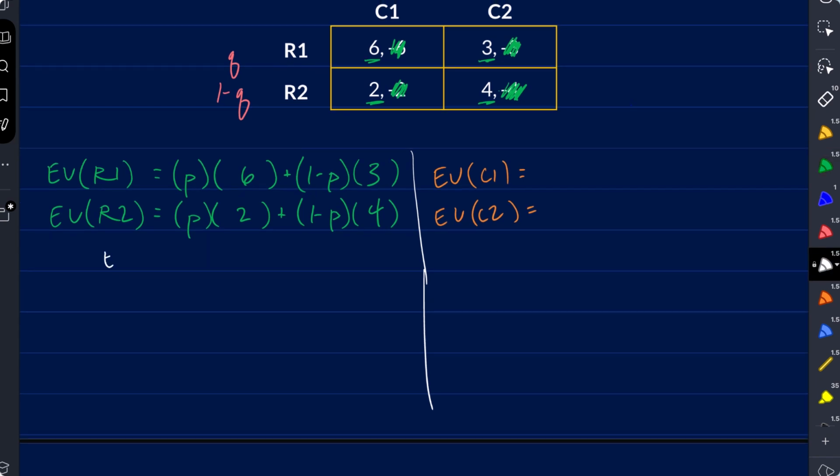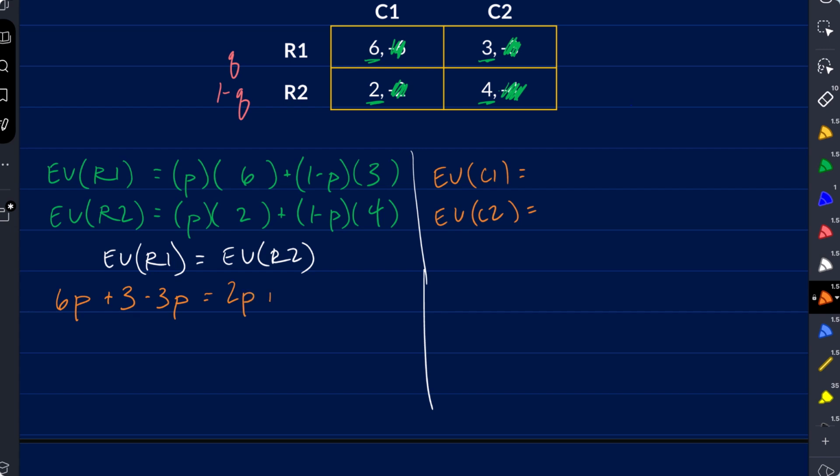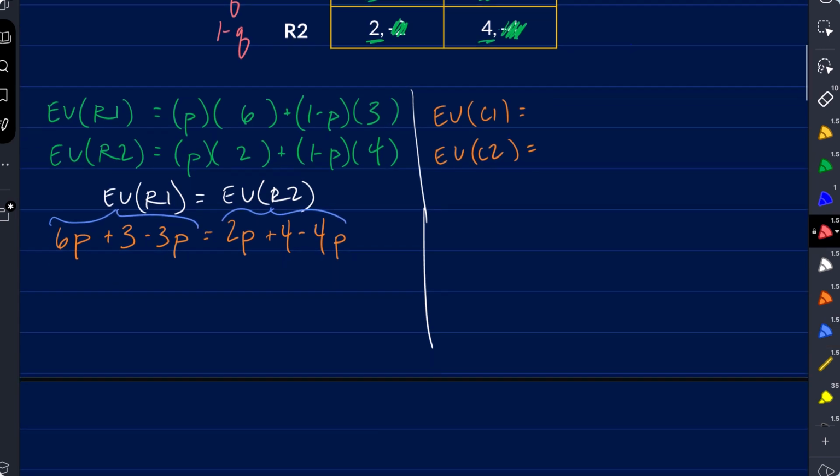Okay, then we want to set these equal to each other. So we have 6P plus 3 minus 3P equals 2P plus 4 minus 4P. So this is going to be 3P plus 3 equals 4 minus 2P.